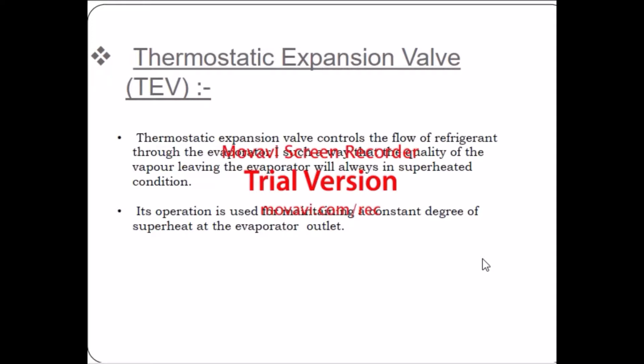Okay, now we go to the thermostatic expansion valve type. So what is the thermostatic expansion valve? The thermostatic valve controls the flow of refrigerant through the evaporator in such a way that the vapor leaving the evaporator will always be in superheated condition.